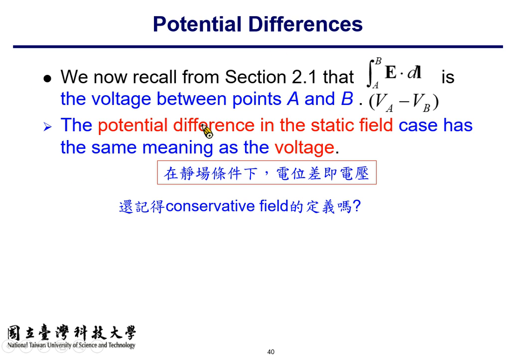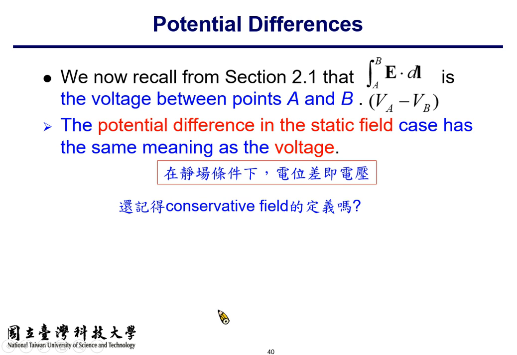So the potential difference in the static field case has the same meaning as the voltage, and they need to be consistent with the so-called conservative field.